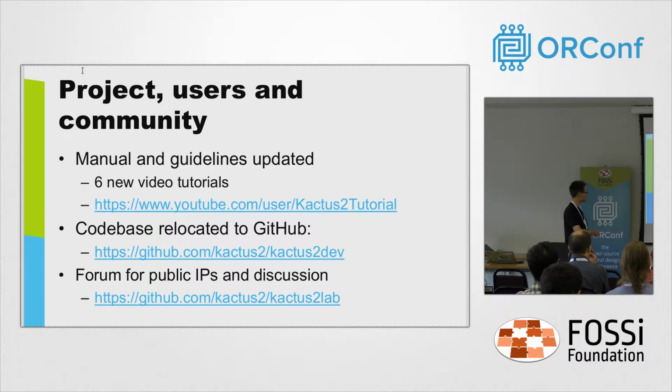So we wanted to start a forum for discussing these problematic IPs. If users don't know how to do something or want to discuss the best way to do something, we wanted to start a forum for that. This also serves as a place for sharing IPs you think would be useful for others as well.